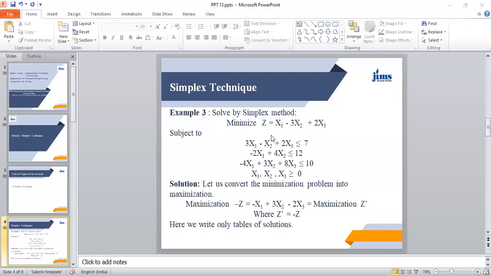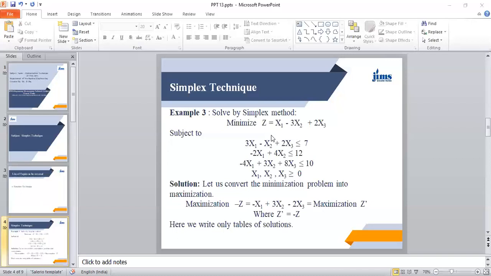Normally you might have observed by now that in the problem of maximization we have less than or equal to type constraints, and here also we have less than or equal to type constraints, and all constraints are only less than or equal to type, no equal to sign, no greater than equal to sign.